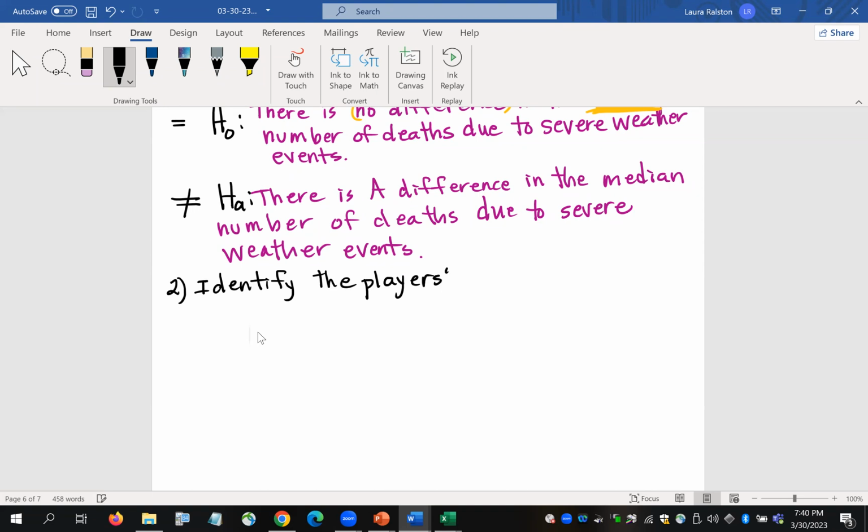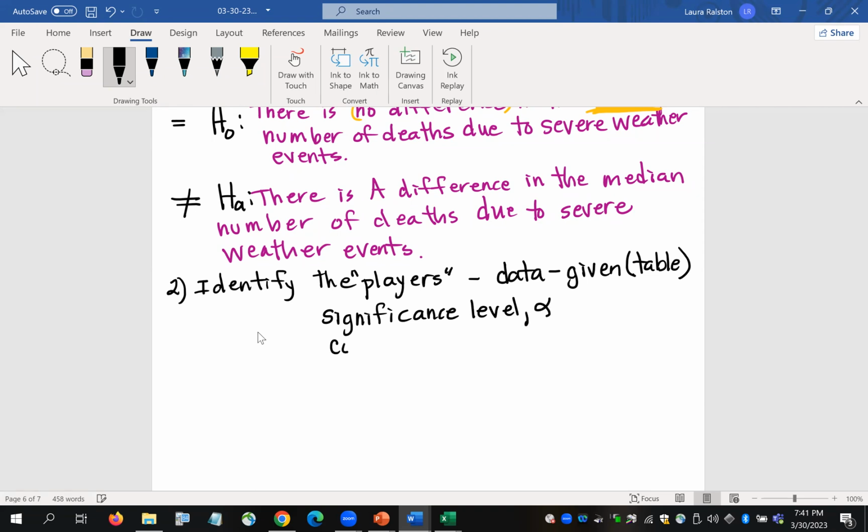The players here are your data that's given in the table with the scenario, and you need your significance level. And with the significance level, you need to calculate or determine the confidence level.